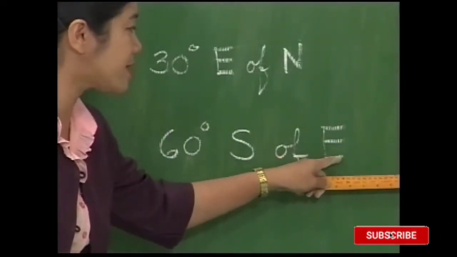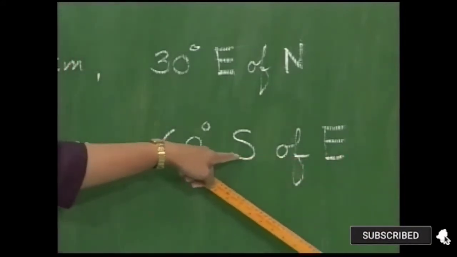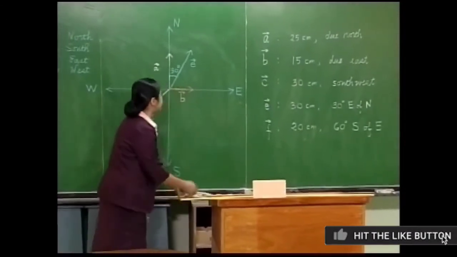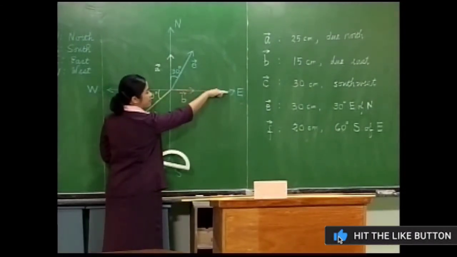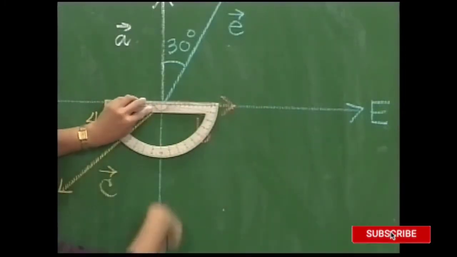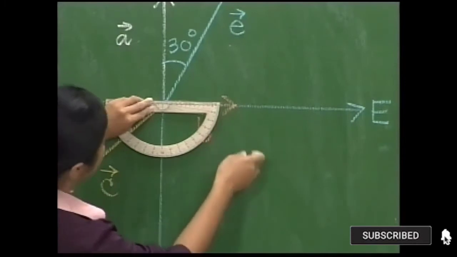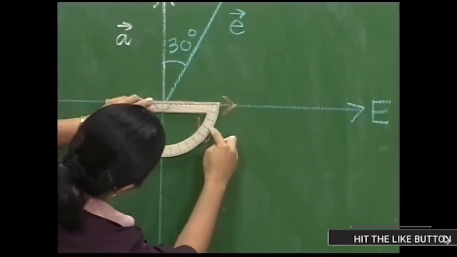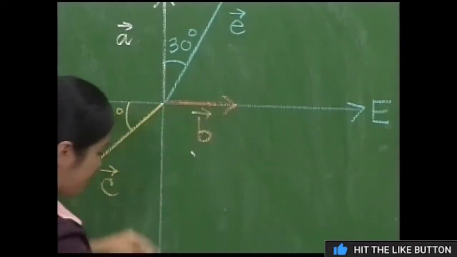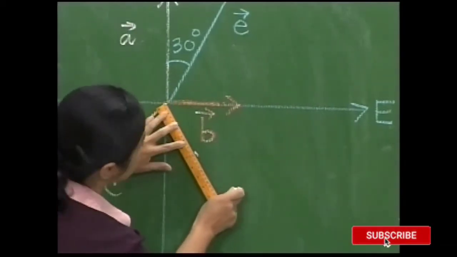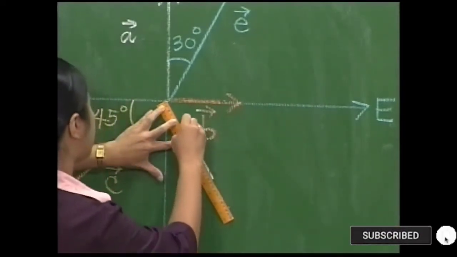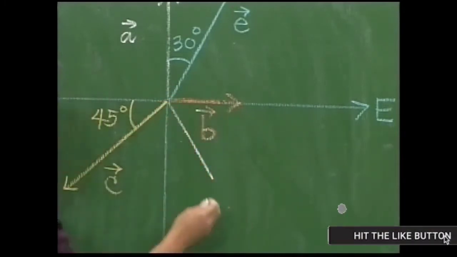East, you start with east, and then move towards the south 60 degrees. And that is what we will do now. So I start with the east direction, and I go towards the southern direction by 60 degrees. So I have 10, 20, 30, 40, 50, 60, and that would be my vector. And it is 20 centimeters long, and therefore it's only up to here. Okay?